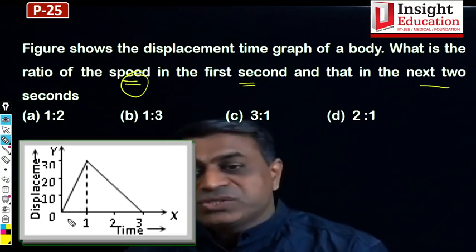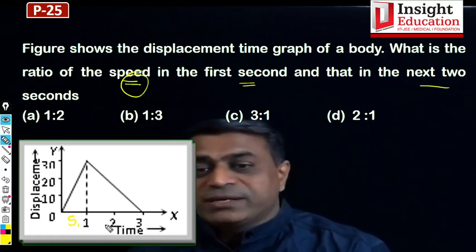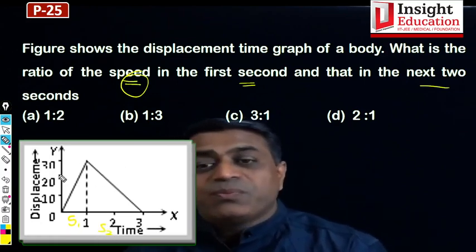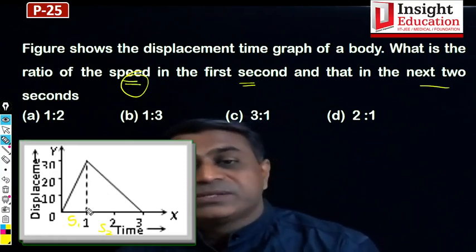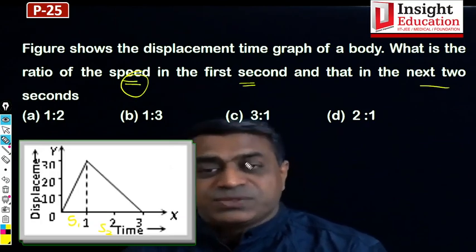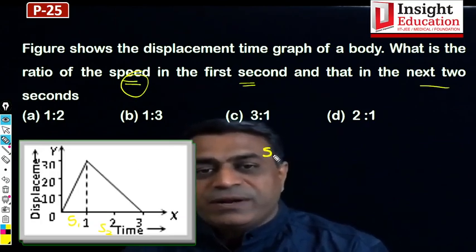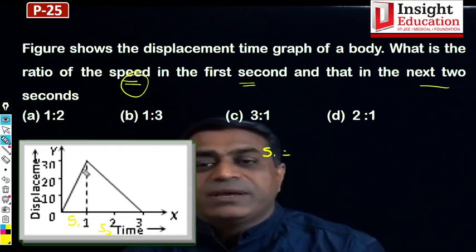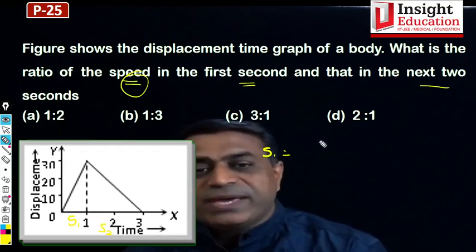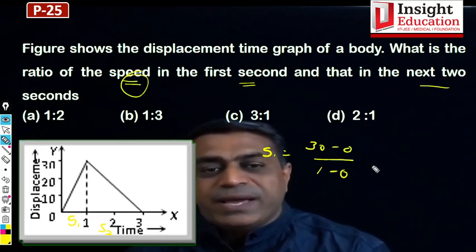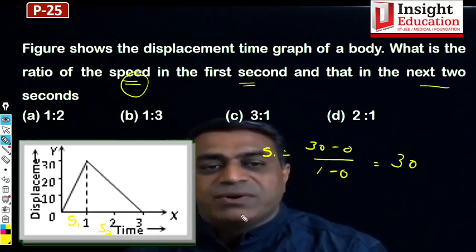In the first second calculate speed S1, and in the next 2 seconds calculate speed S2. The slope of this line represents average velocity, but its magnitude represents speed. So S1: x2 minus x1, that is 30 minus 0 upon 1 minus 0, so speed is 30.